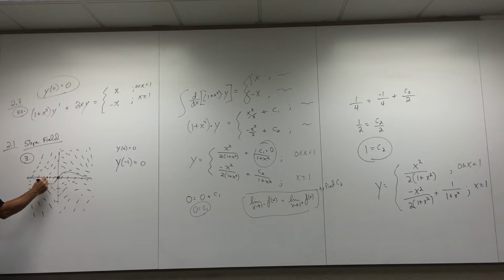If I call this -1, I'll label it. But if I started here, would I do something different? Maybe. Look at this. Again, if I start easing up to the right, this time, if I follow these slopes, maybe I head off here. See that? And if I go to the left, maybe it's still something like that. But depending on where you start, you follow the slope field, you might get a different looking shape.